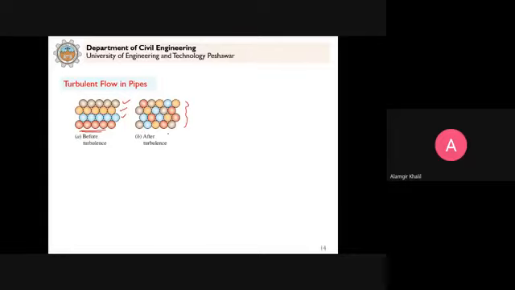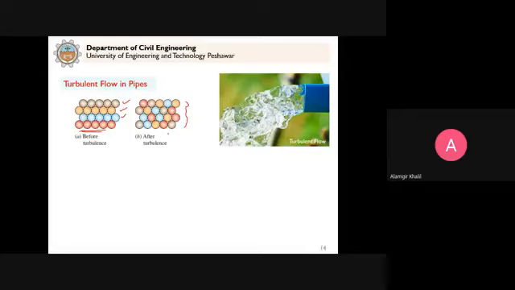Clear? So in this diagram you see that the particles of this fluid, water molecules, are moving in irregular paths. This we classify as turbulent flow.